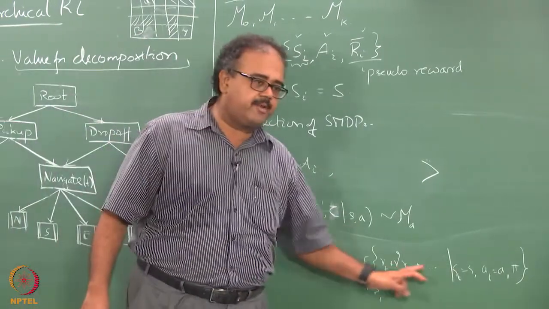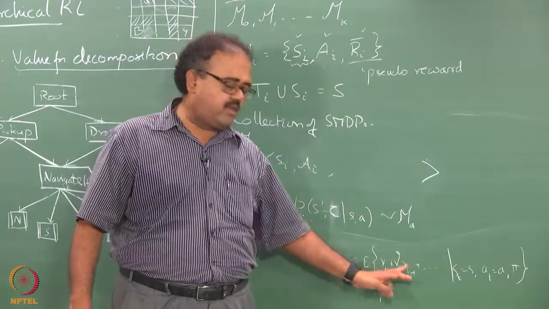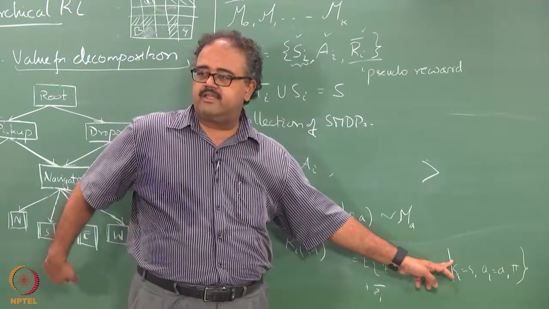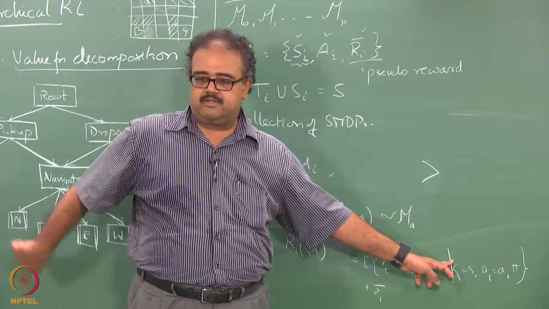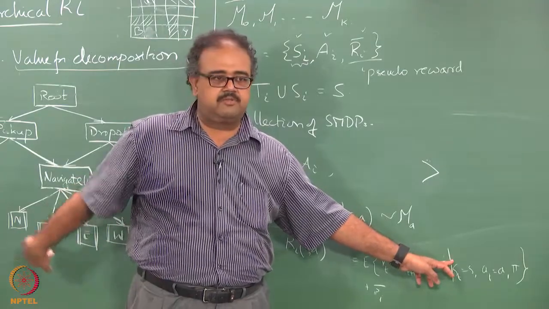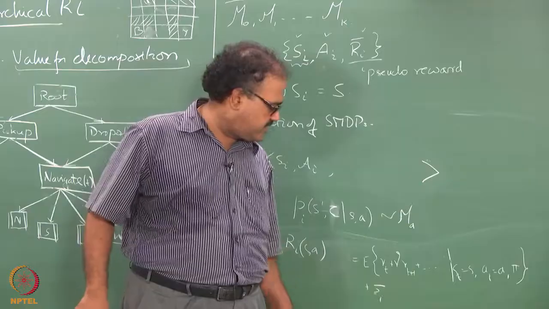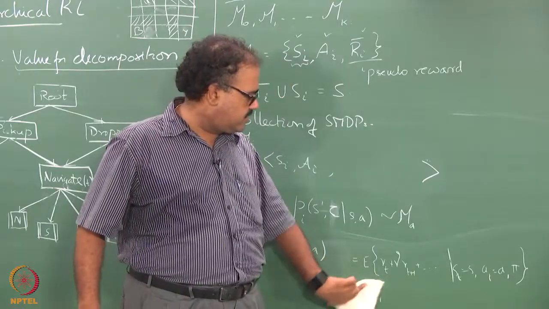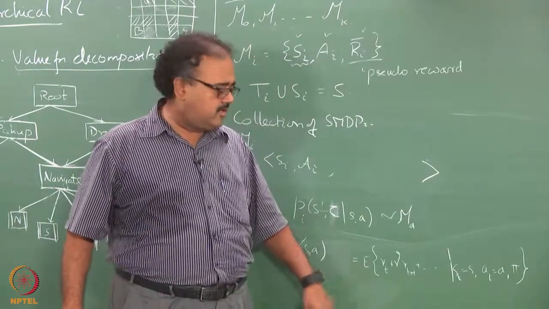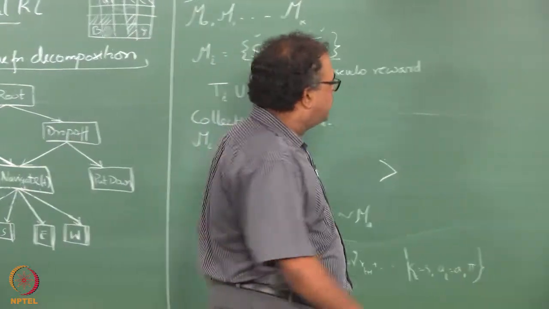So this will be the core MDP rewards because these are coming from the subtasks below me, right. During the execution of subtasks below me, I could potentially add a pseudo reward. But right now I am going to remove the pseudo reward because it adds a lot of complications.